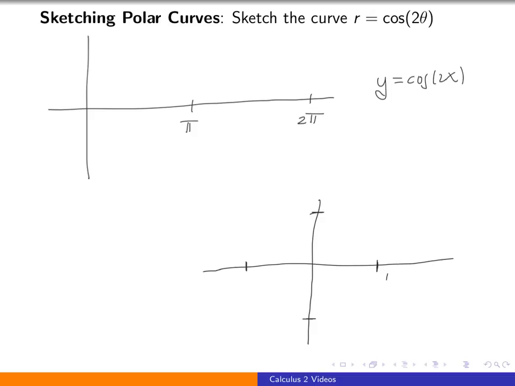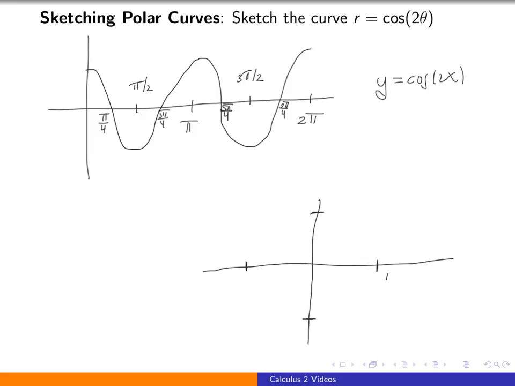So the period being pi instead of 2 pi, if we were to sketch this from 0 to 2 pi, we go through 2 periods, so it looks something like this, where we would have pi over 2, 3 pi over 2, and these spots where we're crossing the horizontal axis would be pi over 4, 3 pi over 4, 5 pi over 4, 7 pi over 4. So let's go ahead and put this information into our polar curve.